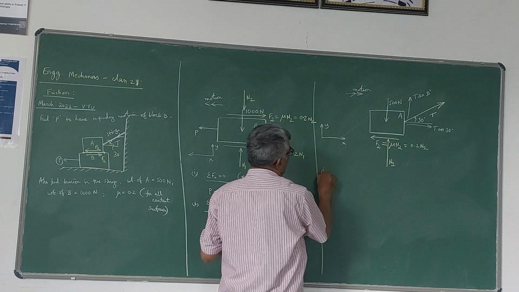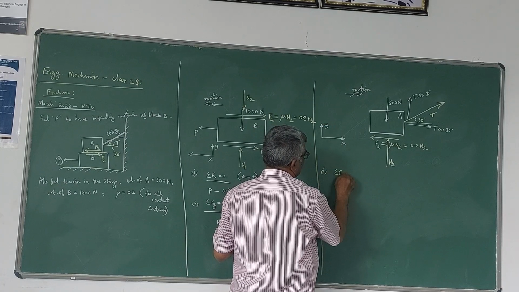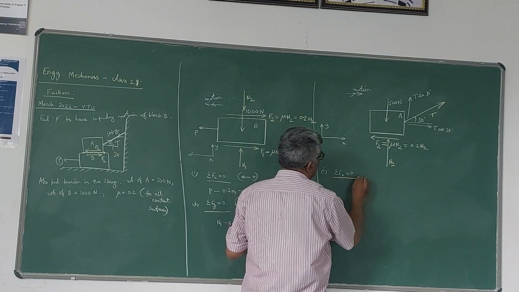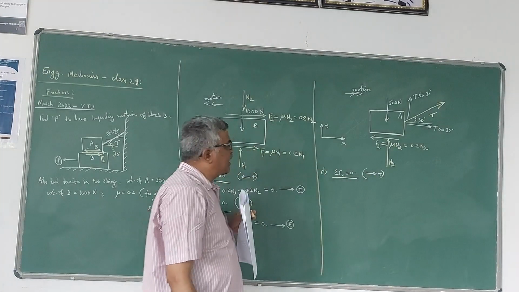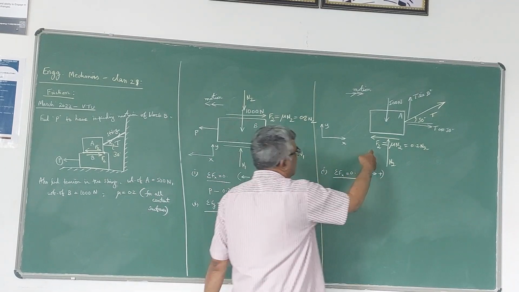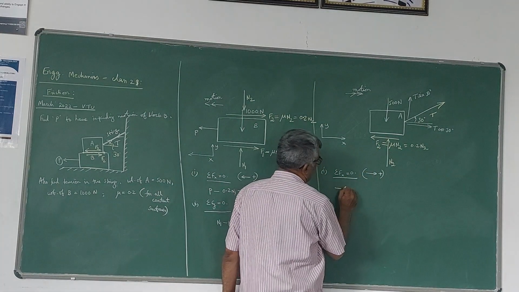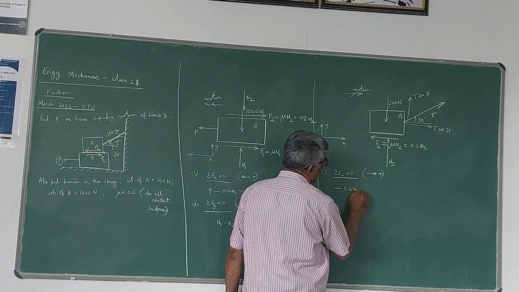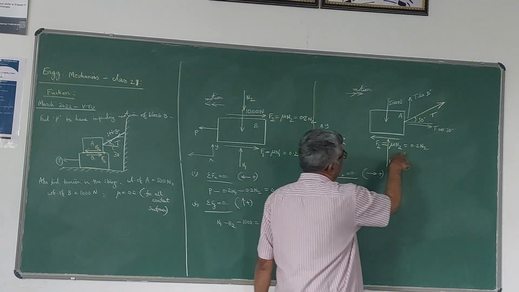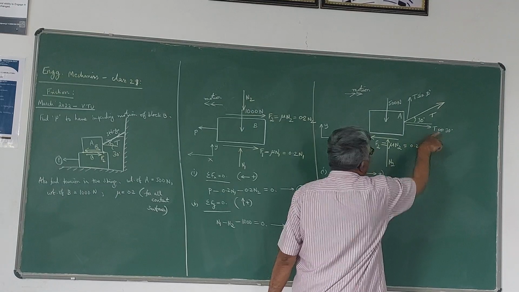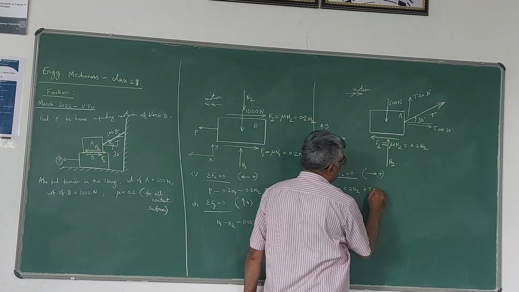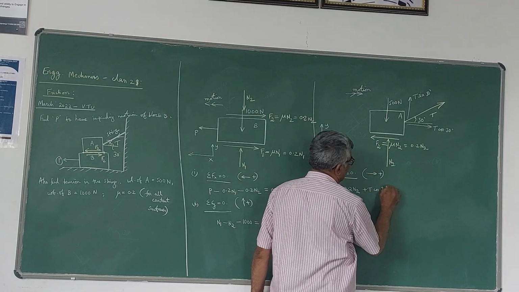Now let us apply the equations for block A. Sigma Fx = 0, towards right positive, left negative. So this F2 is acting towards left. So minus F2, that is minus 0.2 times N2, then plus T cos 30 is equal to 0.